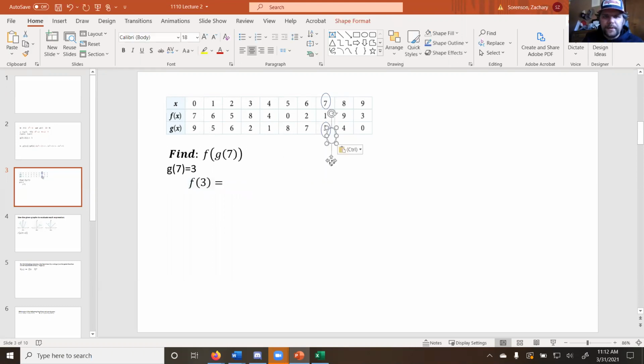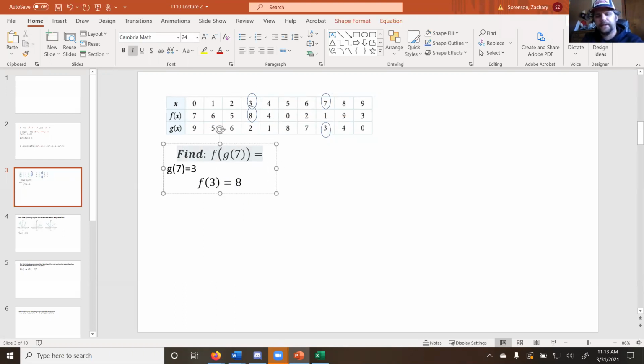Yeah, so let's come to the input is 3. So my value of f at that input is 8. So I conclude that f of g of 7 is equal to 8. Any questions about that?